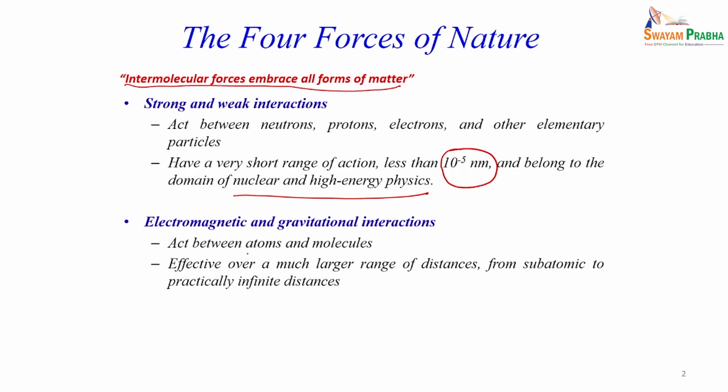They act between atoms, molecules and sometimes between elementary particles, and these forces are effective over a much larger range of distance. It may vary from a subatomic distance to an infinite distance. So, these are the four different types of forces which embrace all forms of matter.